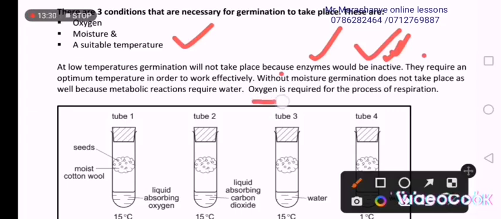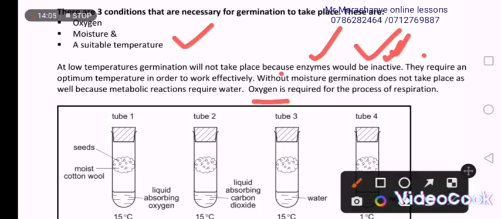And also oxygen, we need it, because it is required for the process of respiration. We took seeds in an experiment, I think it was an experiment on respiration. We took 30 seeds and divided them into 2, 15 here and 15 there. In one test tube we tested whether germinating seeds produce heat energy.